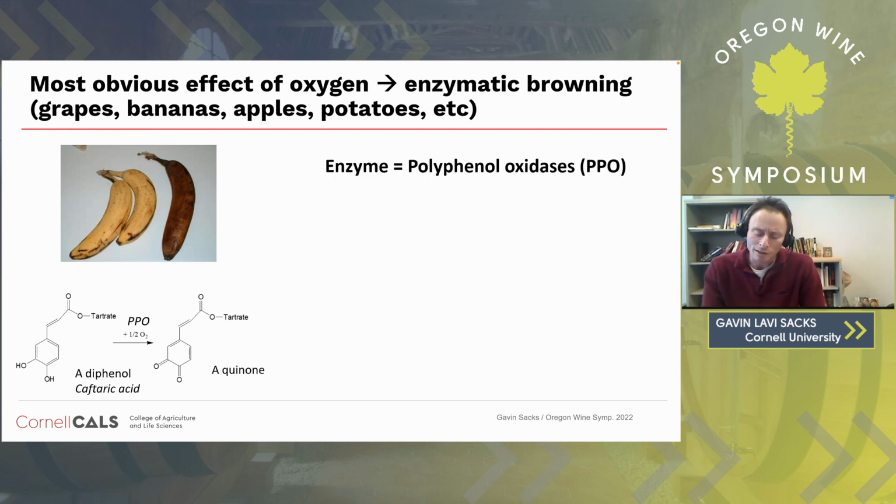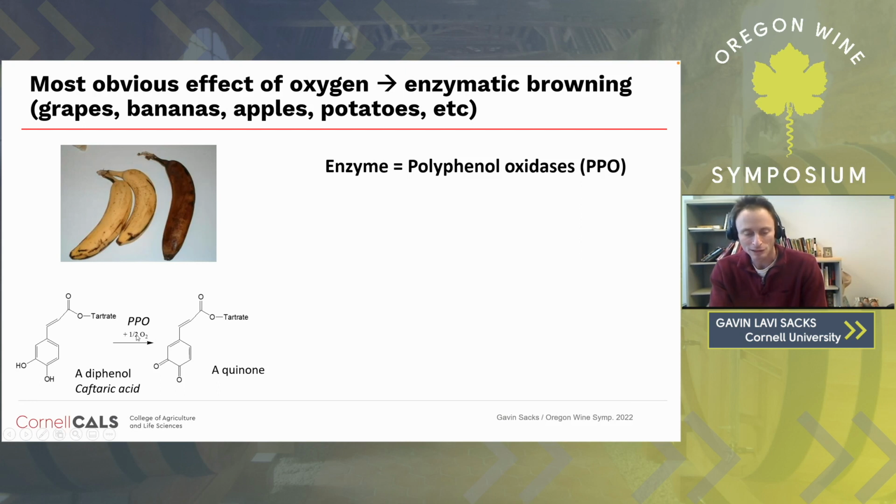The reactions responsible are promoted or catalyzed by enzymes. These go under the generic term of polyphenol oxidases, although they'll react with not just polyphenols, but simple phenols like this diphenol caftaric acid.